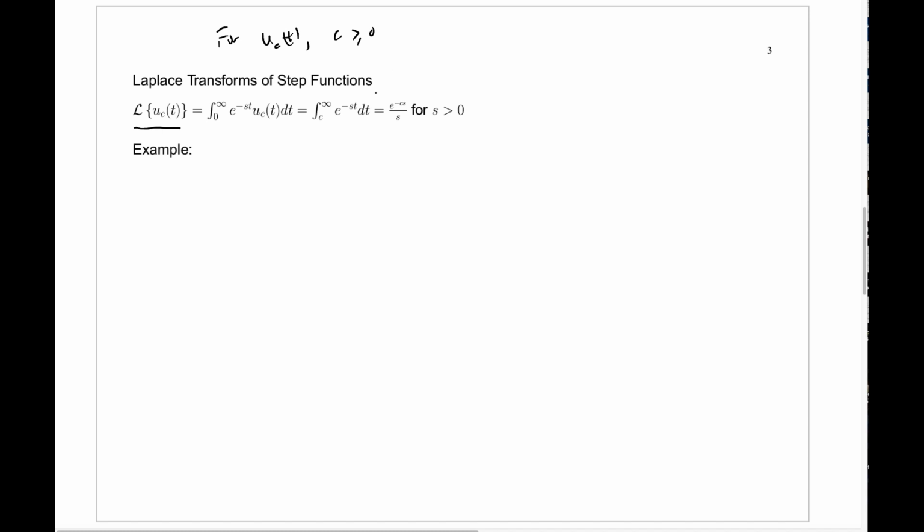And you can just compute this very quickly. That's the limit as a goes to infinity of the integral from c to a of e to the minus st dt. That's the limit as a goes to infinity of minus 1 over s e to the minus st from c to a now.